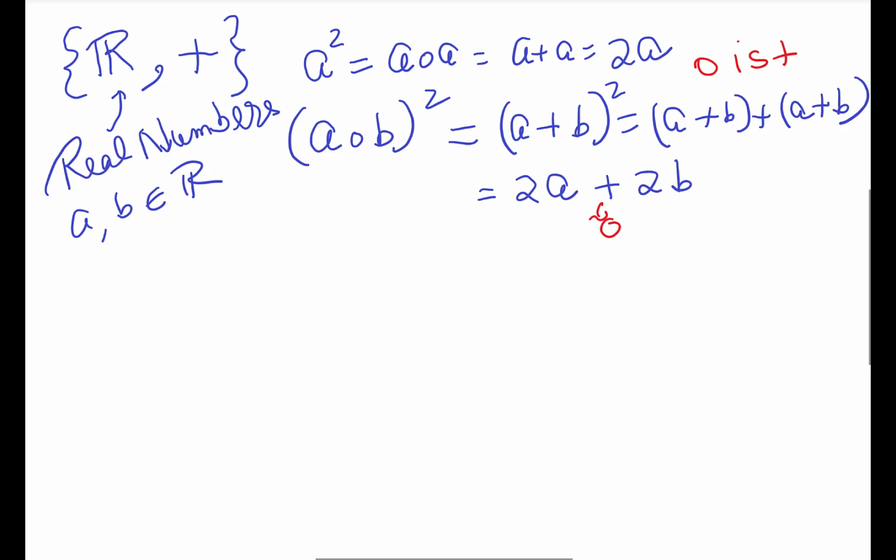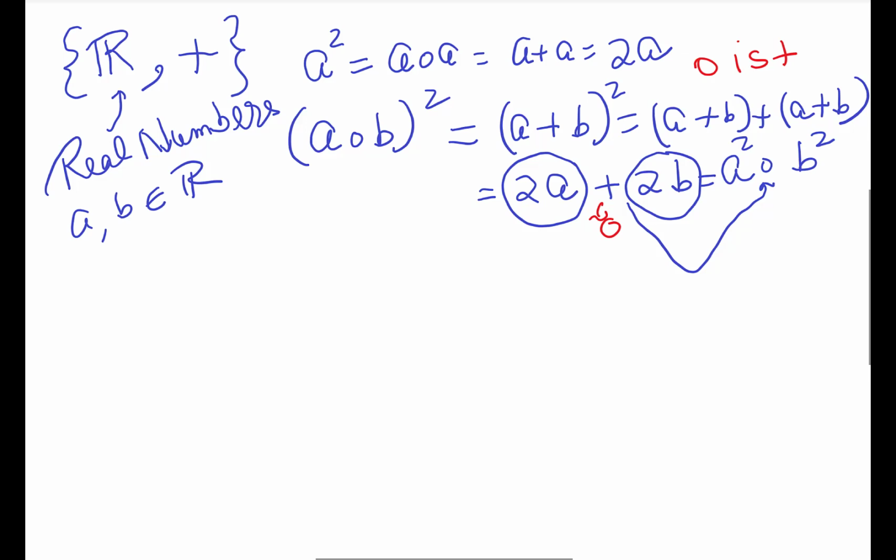So keep that in mind again. And then this part here becomes a square, this guy here is o, and this thing here will become b square, right?